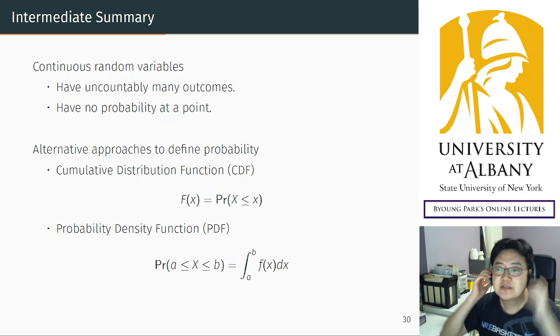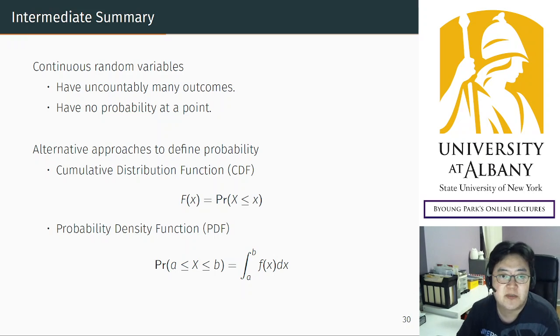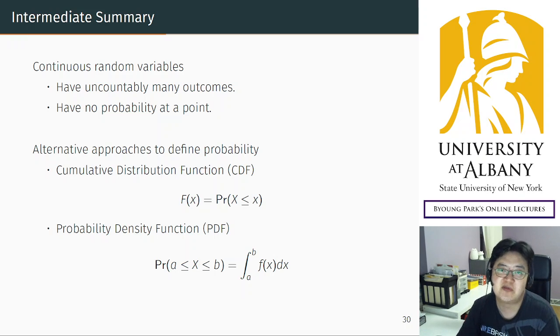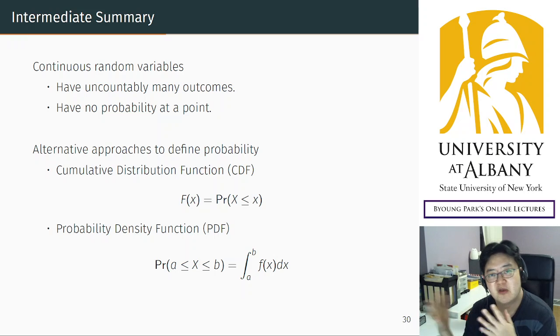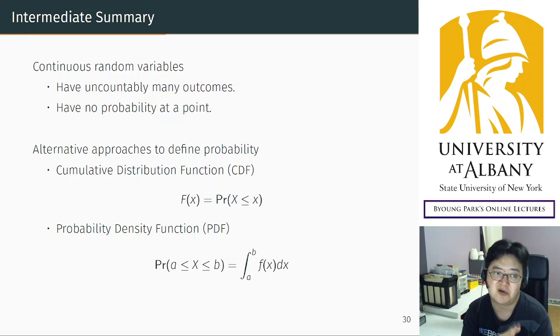Hello. So we are going to continue chapter 6 about normal distribution today. The last lecture was an introduction to continuous random variables. The idea was that the continuous random variable has very different characteristics from the discrete random variable we considered earlier.